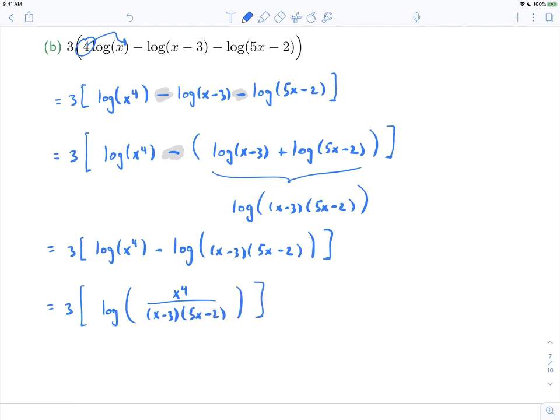And now finally we're going to take this 3 and put it inside as an exponent on this thing right here.